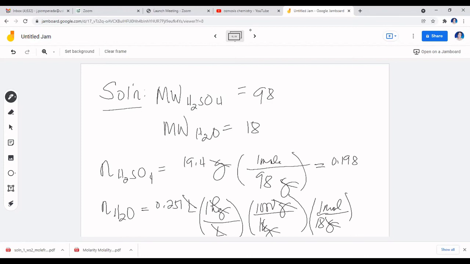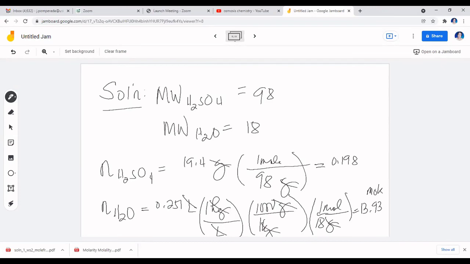You get it? So you have 251 divided by 18. What's our answer? 13.93 moles.